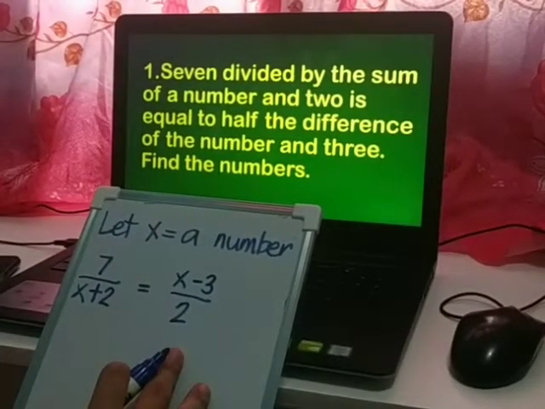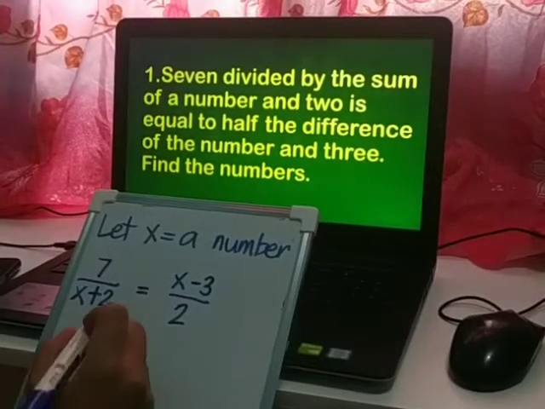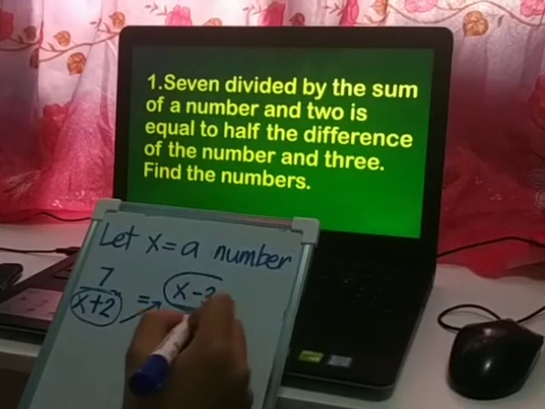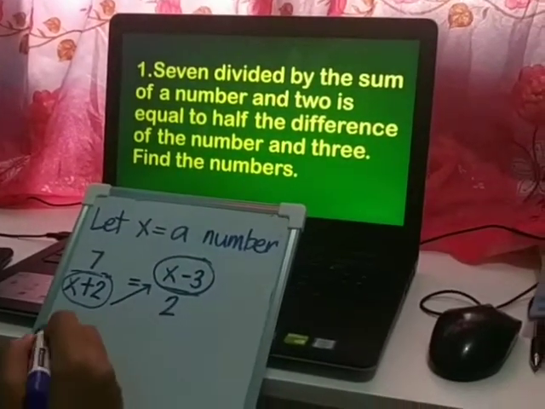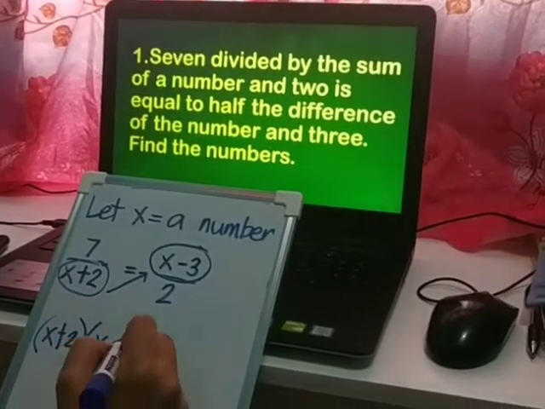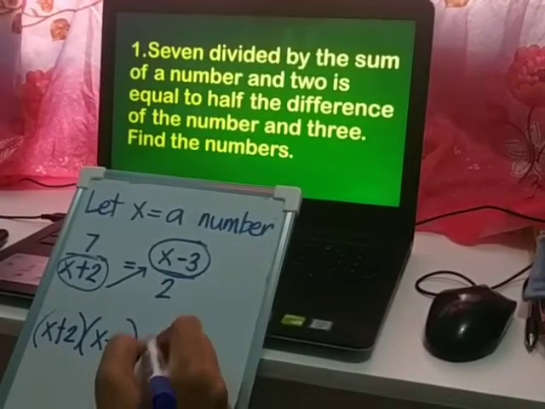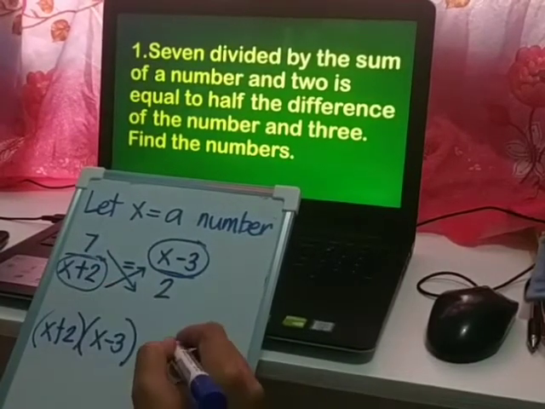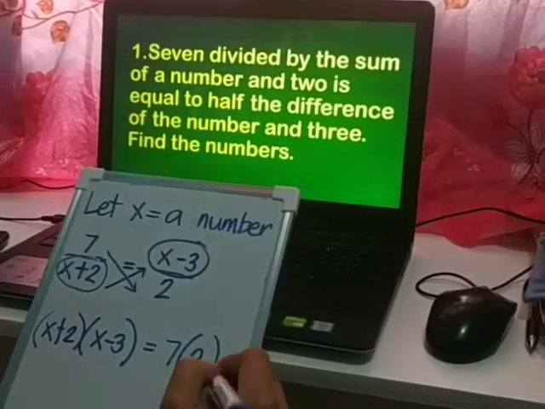Having this, we have to cross multiply. We have to multiply x plus 2 times x minus 3. And so, x plus 2 times x minus 3 equals. And then, cross multiply also 7 times 2.